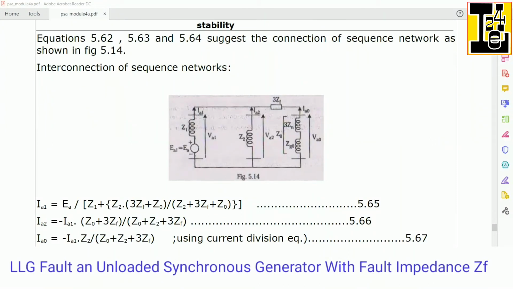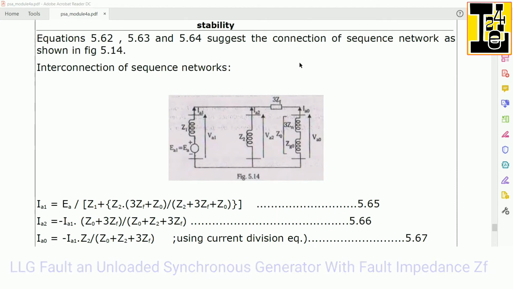There will be an impedance of 3ZF which is connected between the negative sequence network of a synchronous generator and the positive sequence network of a synchronous generator.